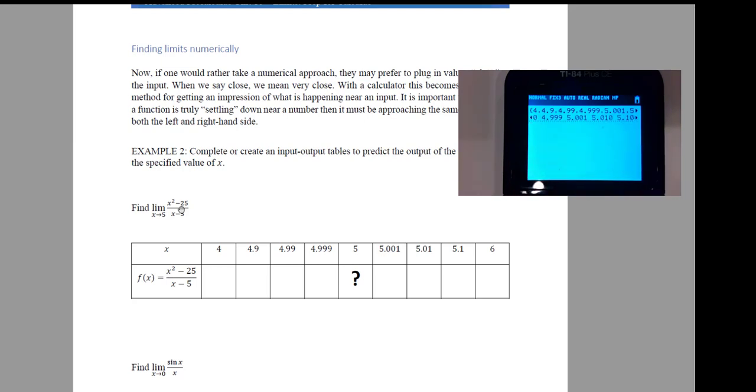So if I want to figure out what the value of that limit expression is, I can go alpha F1 and type in answer squared minus 25 over answer minus 5. And this is going to take every entry from the list and perform that operation to it.